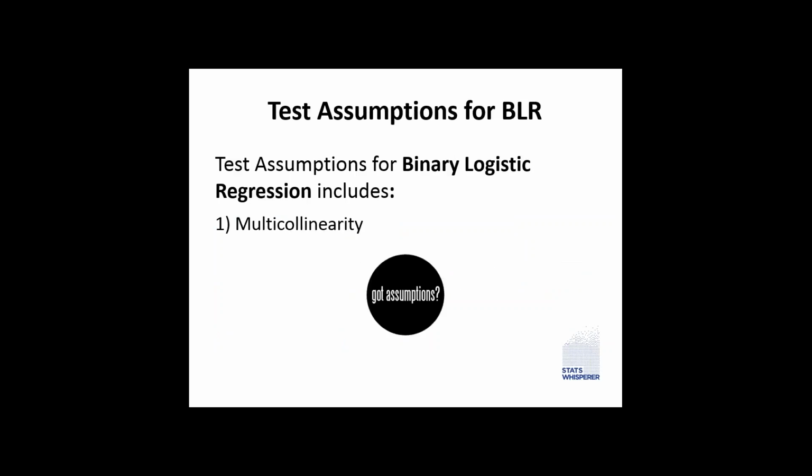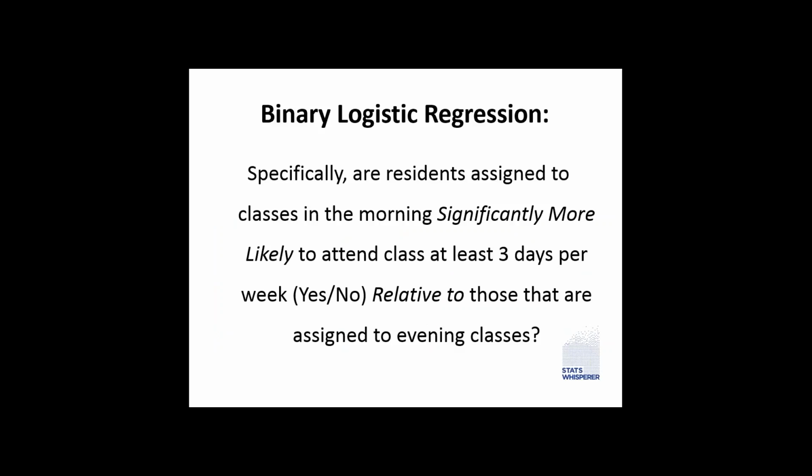Now the test assumptions, which I guess makes it more attractive many times, there's fewer test assumptions for binary logistic regression, but you do have to look at multicollinearity. So specifically, are residents assigned to classes in the morning significantly more likely to attend at least 3 classes per week, yes, no, relative to those assigned to evening classes?